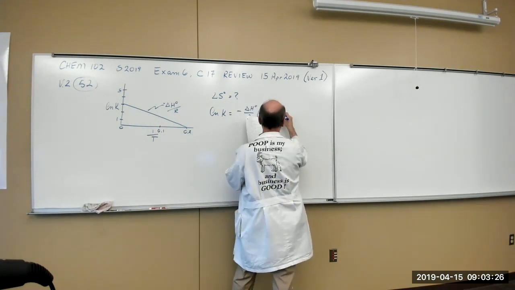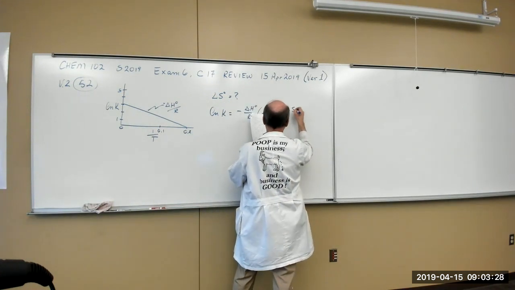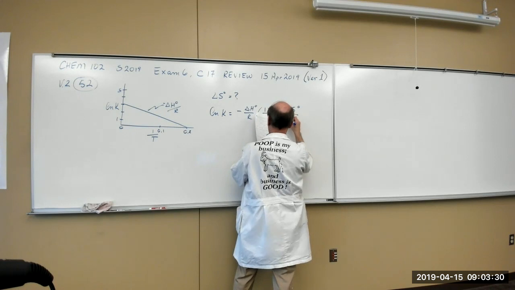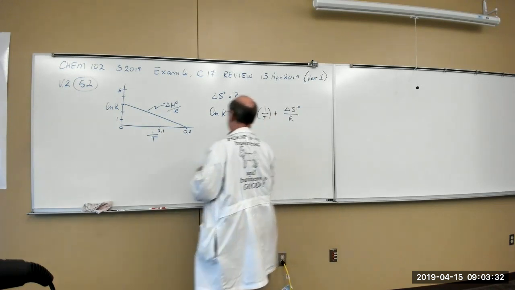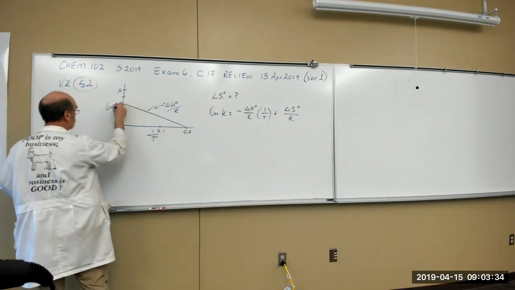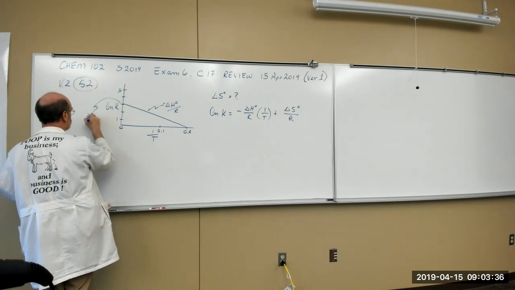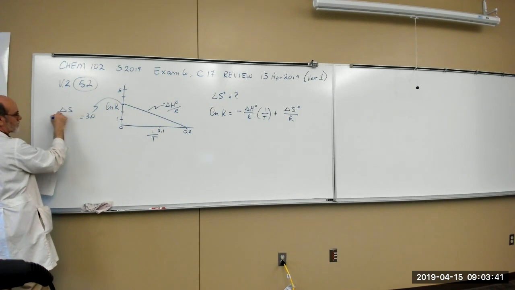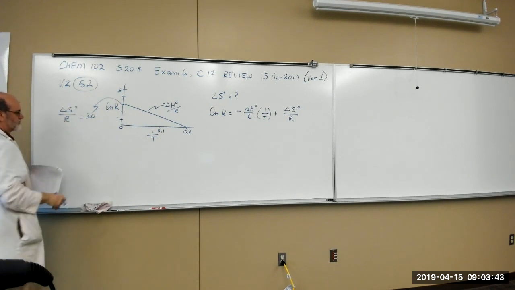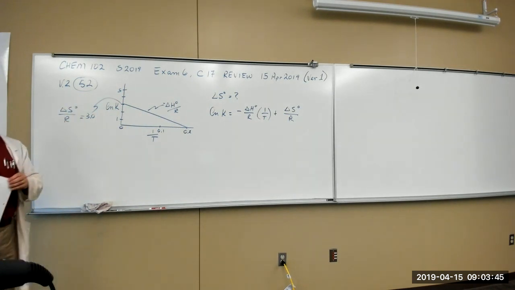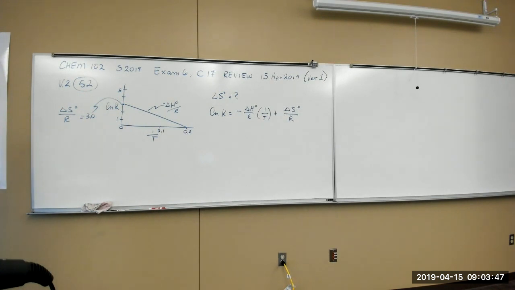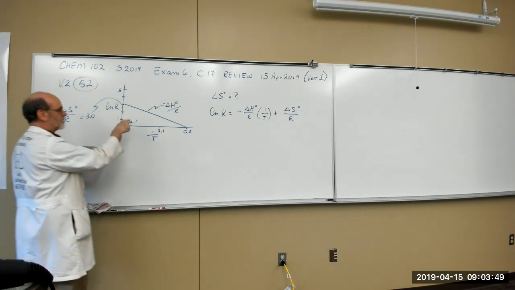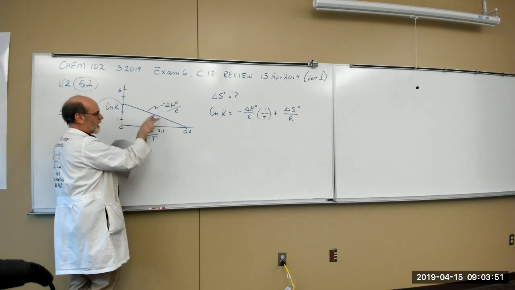And the y-intercept is here, which is 3.0, and that's equal to delta S over R. So it's a matter of interpreting the graph. What's the line that describes this?